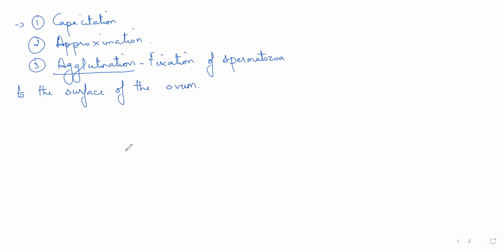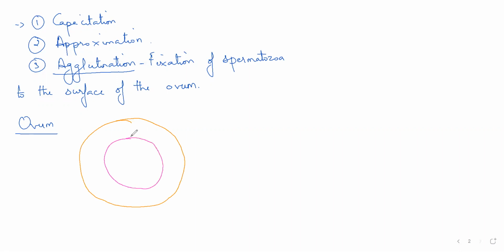Right. Now the ovum. Ovum is something like this. Let this be the ovum. Right. Inside this is the secondary oocyte.